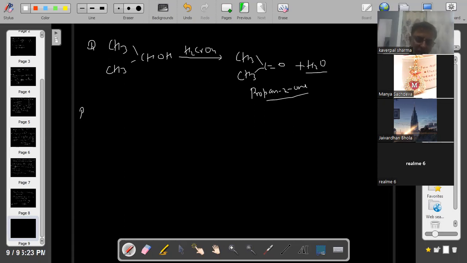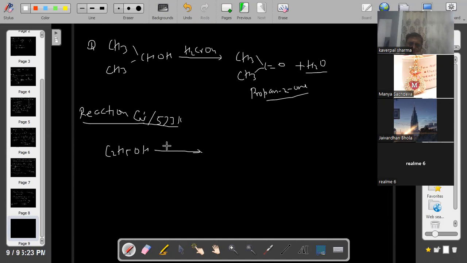Okay. Now reaction with copper at 573 Kelvin temperature. The reaction will be the same as with chromic acid. C2H5OH, then Cu at 573 Kelvin, you will get CH3CHO plus dehydrogenation.